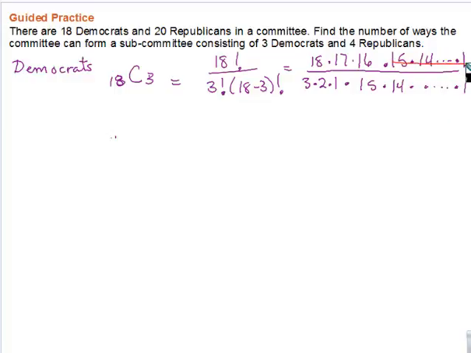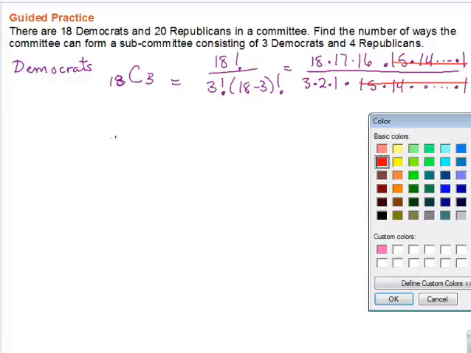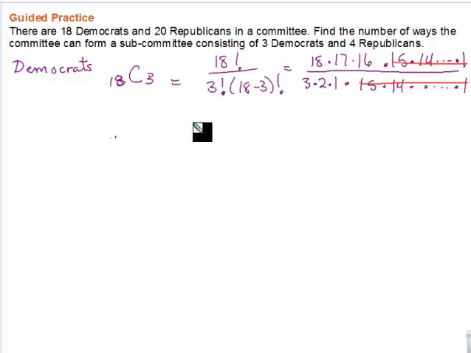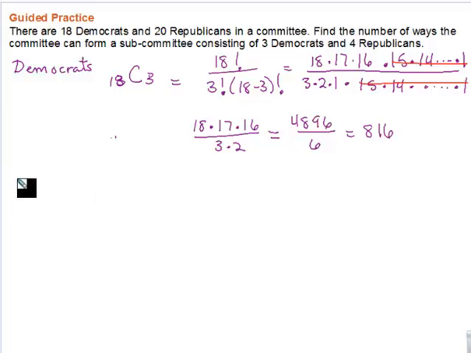All of these cancel. So I end up with 18 times 17 times 16 over 3 times 2. So that's 4,896 divided by 6. So there are 816 ways, guys, 816 ways to pick Democrats.